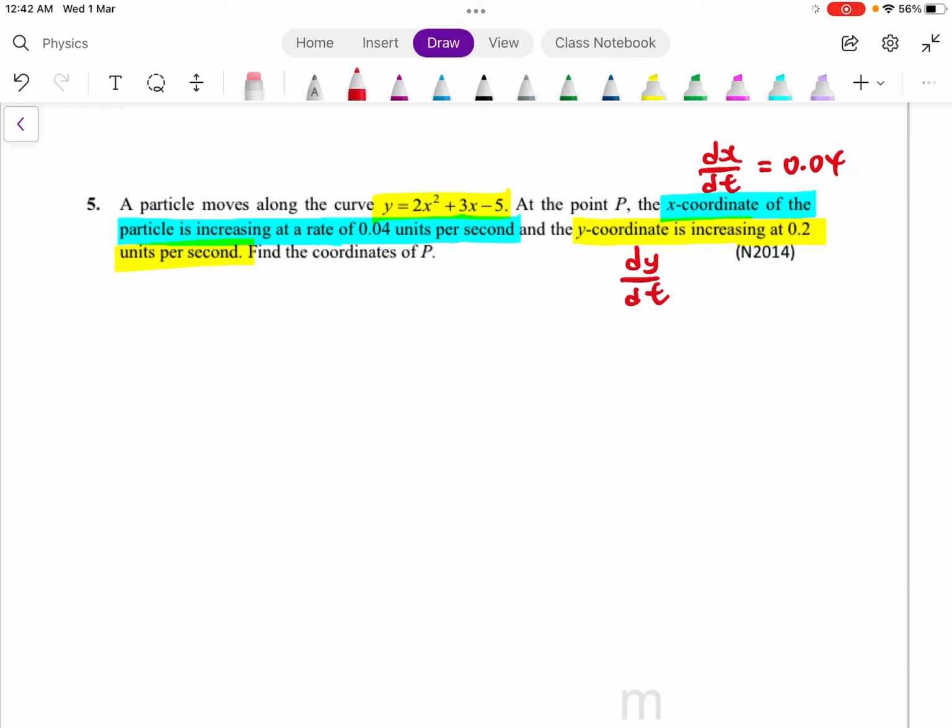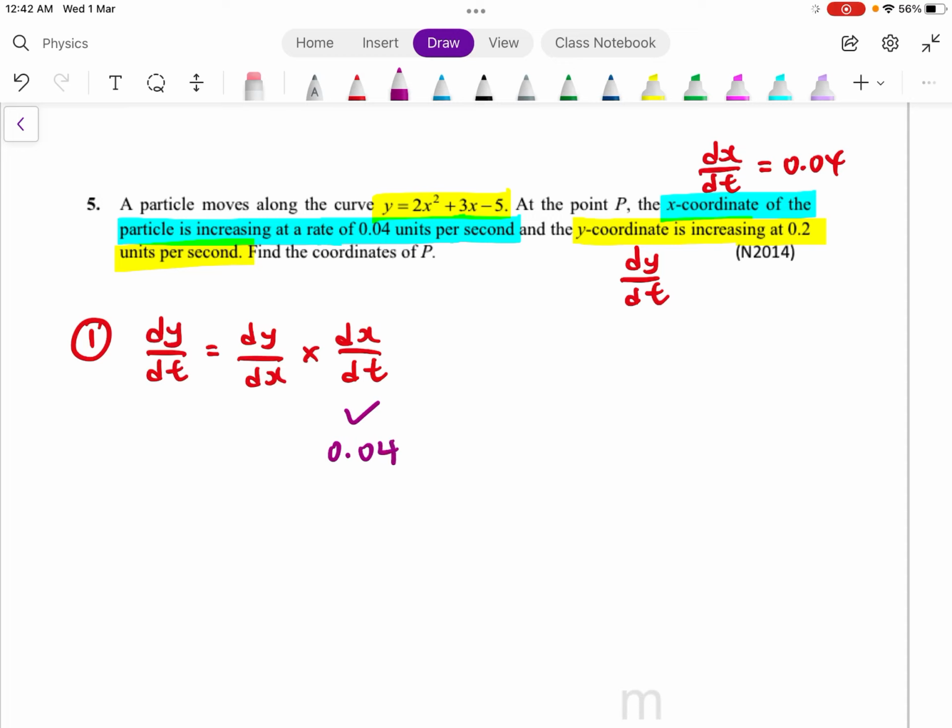Since this is a rate of change question, the very first step is to write down the chain rule. For example, dy/dt is equal to dy/dx multiplied by dx/dt. Looking at this question, we already have two things. The first is our dx/dt, which is 0.04.